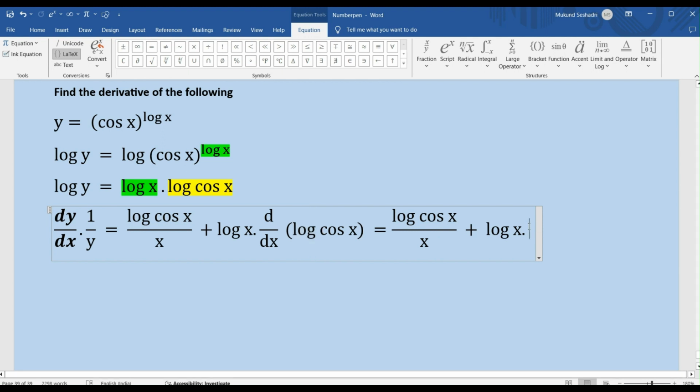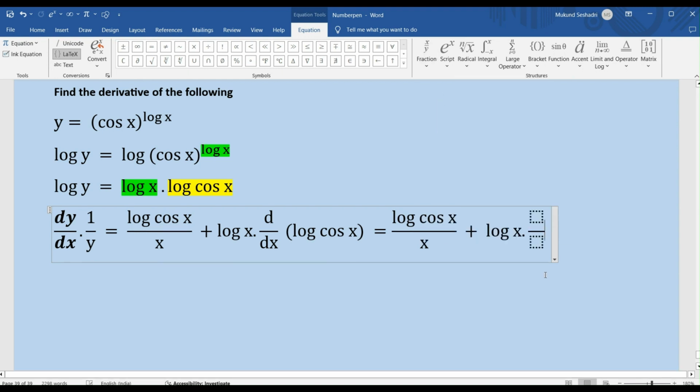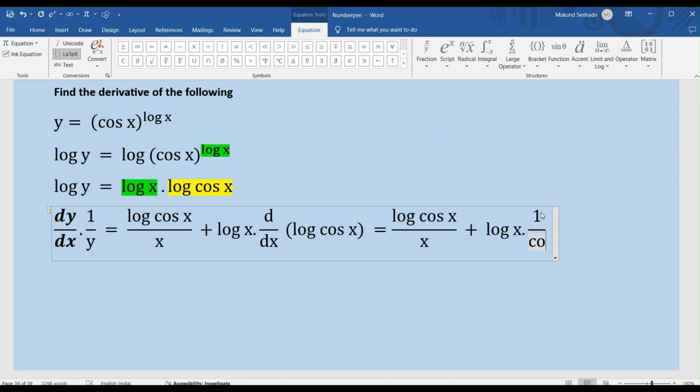So step one, we do d by dx of log of cos x with respect to the inner function, which is nothing but cos x. So what do I get? I get a 1 by cos x. And then I differentiate my cos x, which is my inner function, with respect to x, which is d by dx of cos x, which is nothing but a minus of sine x, right? So this is what I get.